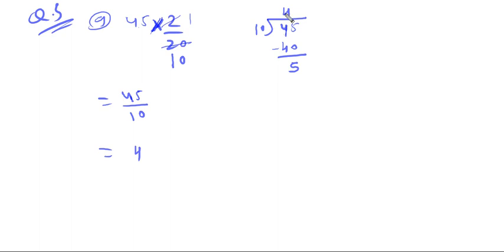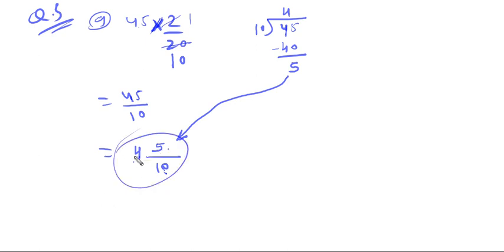This 4 will come here, and this 10 will go in the denominator, and this 5 will come in the numerator. 10 fours are 40. 40 plus 5 will be 45 upon 10, right? In this way you have to convert it into a mixed fraction. Understand? This is your mixed fraction.